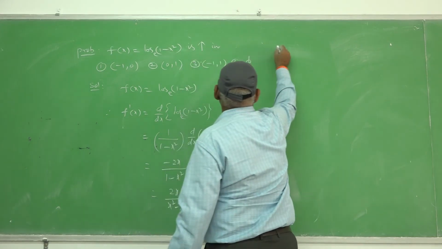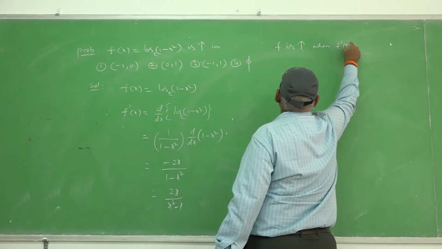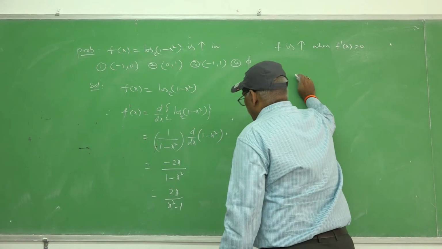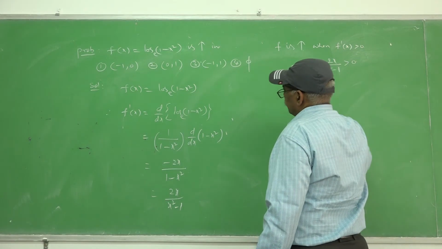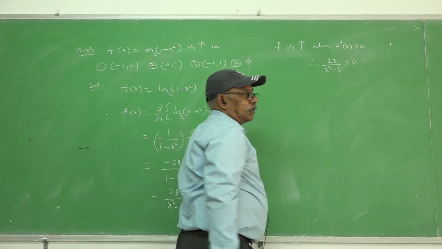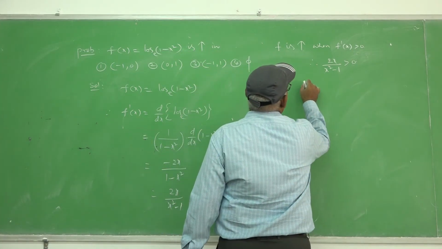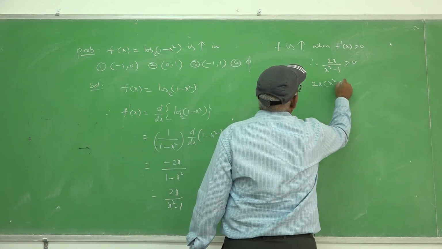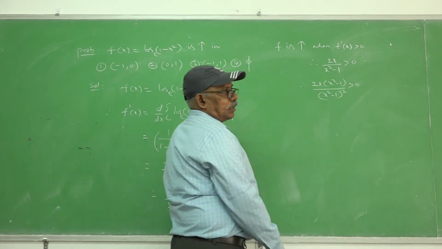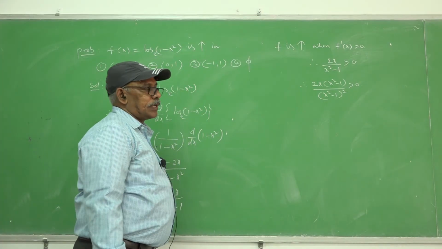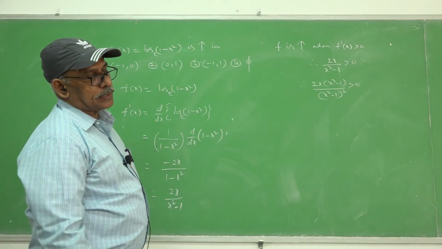Now, f is increasing when f dash x is positive. Therefore, 2x by x square minus 1 is positive. Multiply the numerator and denominator by x square minus 1.